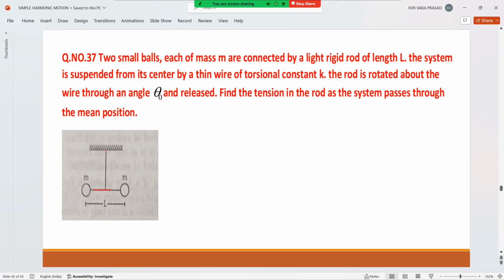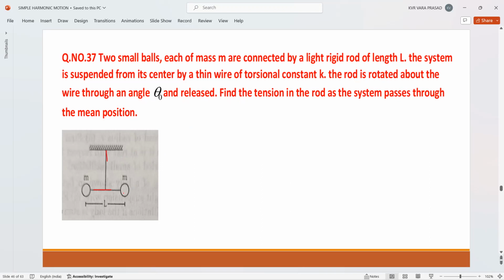Its torsional constant is K. The rod is rotated about the wire through an angle theta naught and released. Rotating the rod by some angle, then what happens is the wire gets twisted. I am repeating. When we rotate the rod, the wire gets twisted.